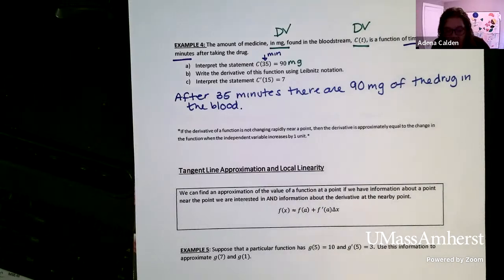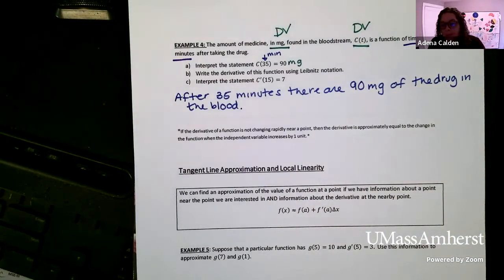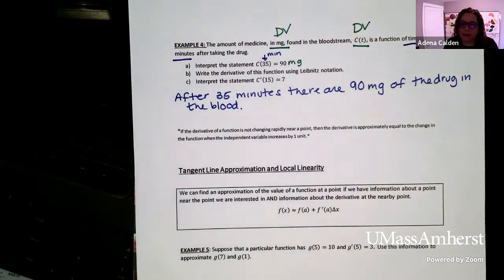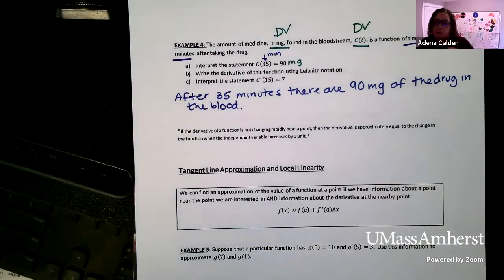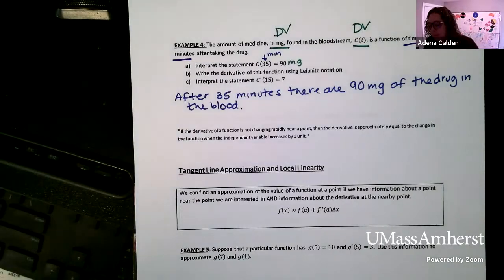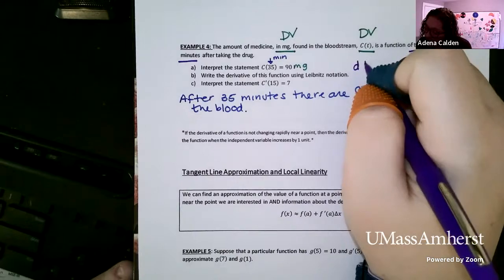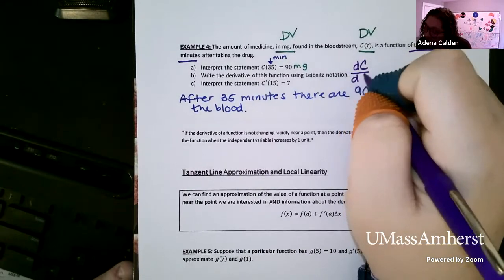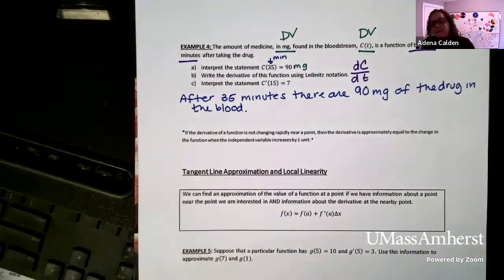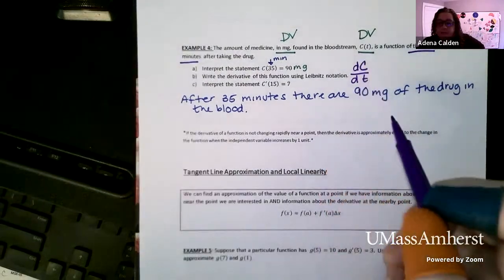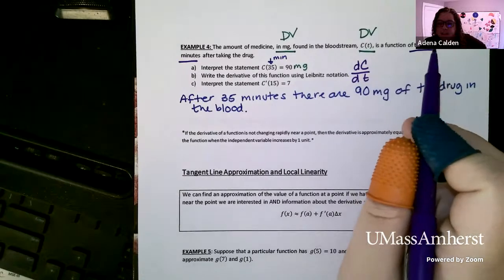For part B, when we're talking about Leibniz notation, we are trying to figure out what the dependent variable is, the actual variable we're using, and what the independent variable is. So the notation, if we wanted to find the derivative for this problem, you would see it as dC/dt, because C is the dependent variable and t is the independent.